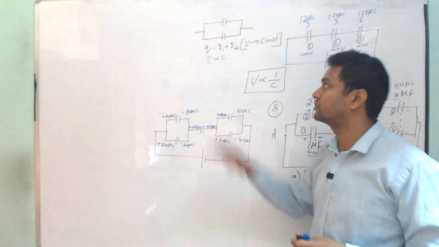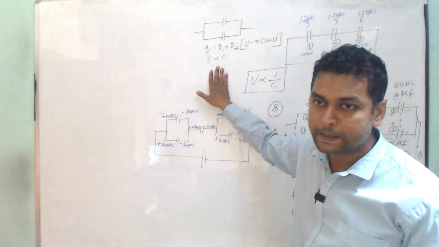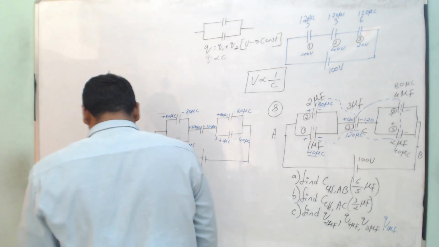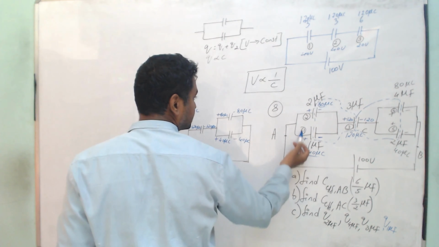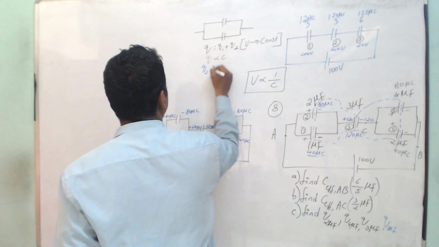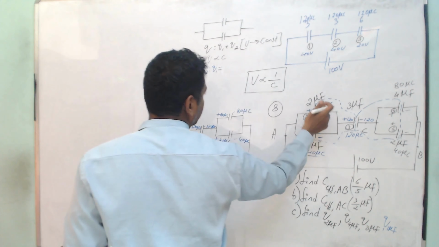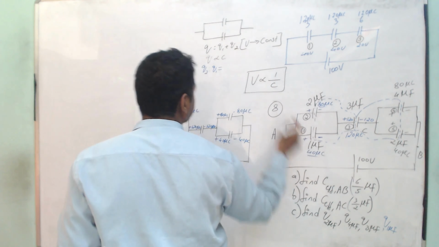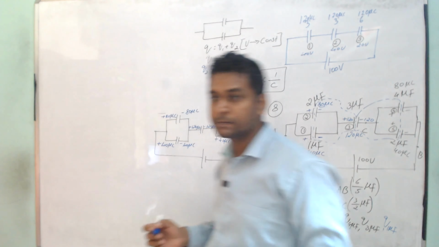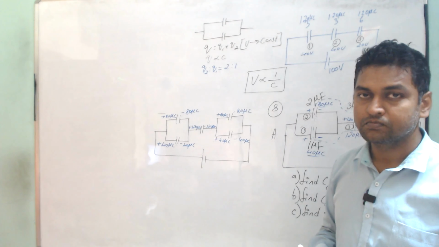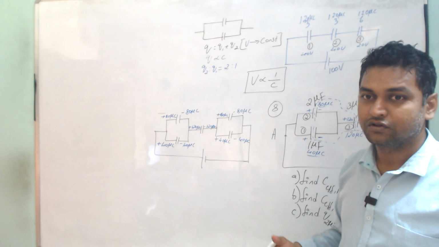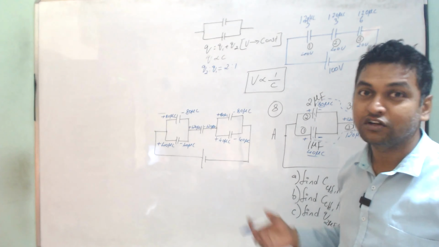Therefore, I will say Q is proportional to C. That means I will have, I am taking these numbers only 1 and 2, Q2 is to Q1 is equal to 2 microfarad is to 1 microfarad. 2 is to 1. I actually didn't take ratios, sir. I directly did. I am telling you. This is called teaching.